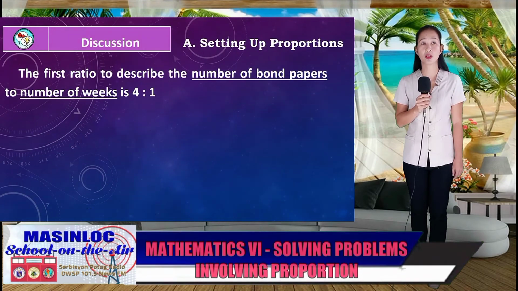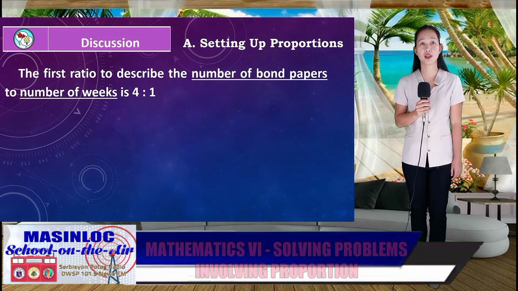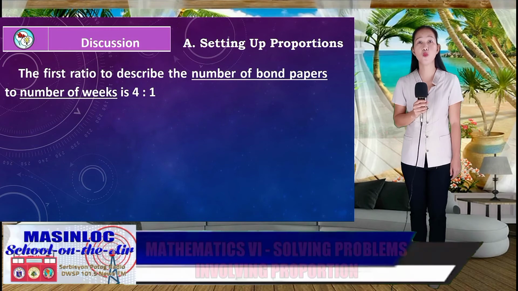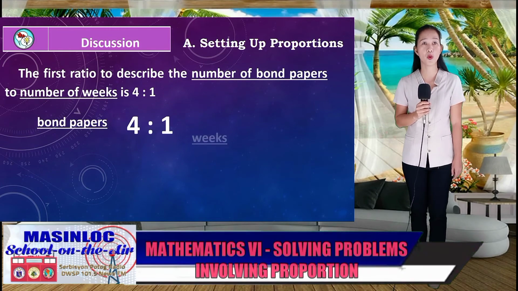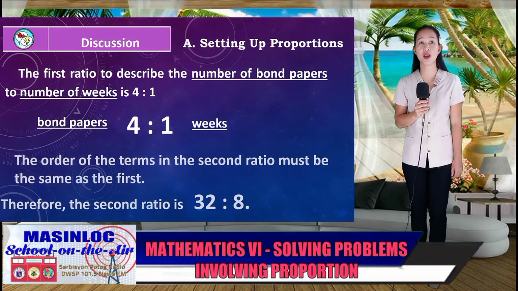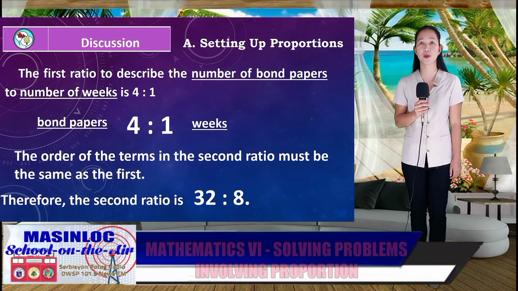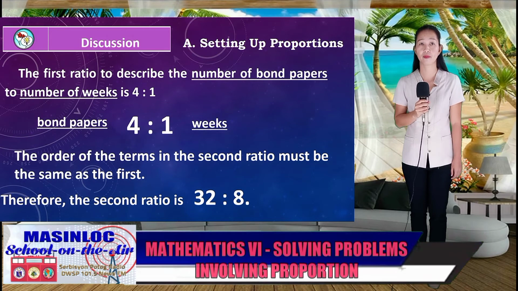The first ratio to describe the number of bond papers to the number of weeks is 4 is to 1. 4 is the number of bond papers and 1 is the number of weeks. Take note that the first term in our ratio is the number of bond papers, while the second term is the number of weeks.